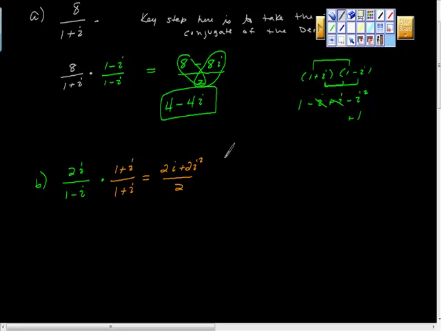And what's i squared? Negative 1. So I'll take this i squared out and put in negative 1. 2 times negative 1 is? Yeah, negative 2. So I take this out and put in negative 2.